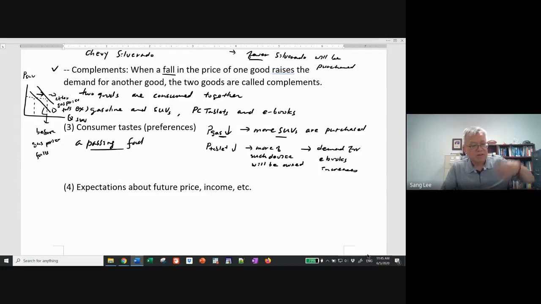Okay, well, fashion style keeps changing. And then when one particular style becomes more and more popular, then what? Even though price didn't change, but simply it becomes a fad, so people buy more of it.